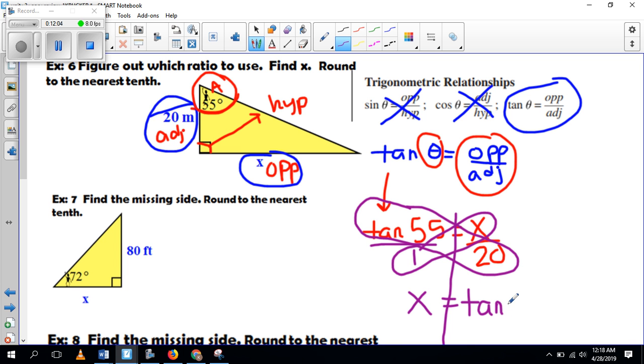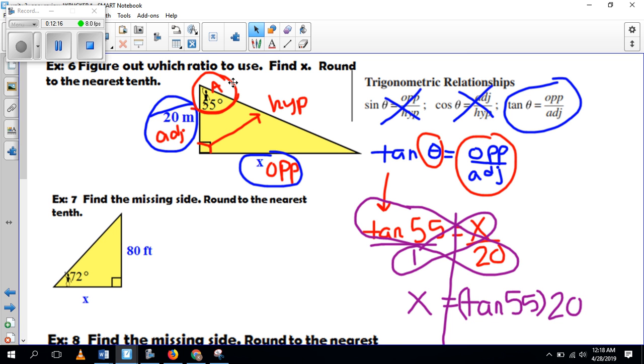Then we're going to plug that whole thing into our calculator. We know we can plug into our calculator because x is by itself. When x is by itself, this is the easy one. All we do is just multiply.